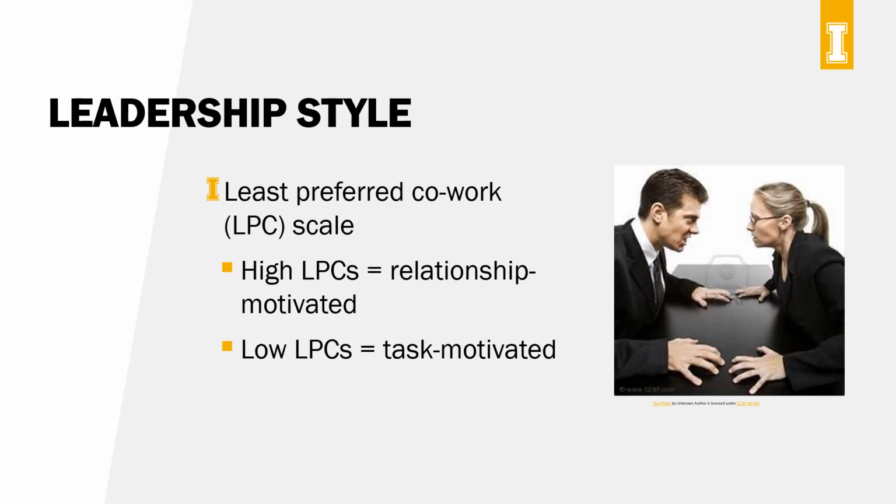Those with high LPC scores, so high least preferred coworker scores, are often relationship motivated, and they're more concerned with interpersonal relationships. Those with low LPC scores are task motivated and are more concerned with reaching the goal, a personal goal or a group goal, as opposed to the relationships involved.